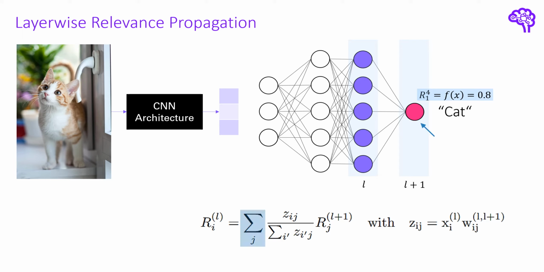For each neuron j in the layer l plus 1, in this case we have only one neuron, we calculate the activation based on the neuron i compared to all neurons in the layer. The activation is calculated according to this z_ij on the right side. It's simply multiplying the input for the neuron i in our current layer with the weight that goes into the neuron j in the next layer.